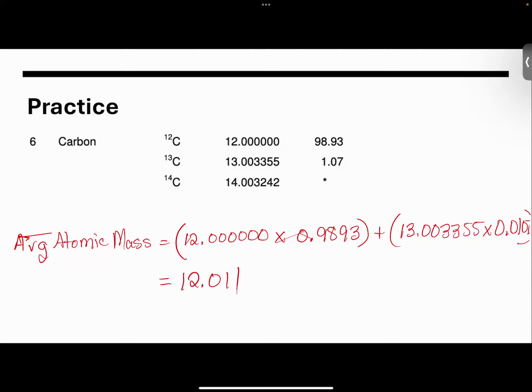So again, I took the mass and I multiplied it by the abundance, not the percent, but the abundance. And I added to that the next one times its abundance. And if I would have had 3, I would have continued.